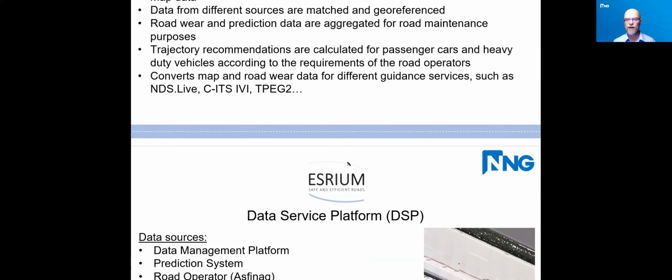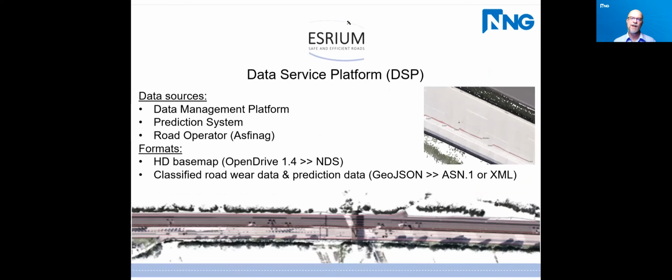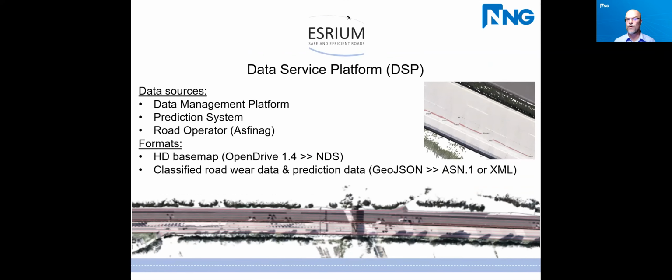Now, let's look a little bit inside this data service platform. The data source is, of course, the data management platform. They are the ones doing all this data aggregation, data verification and validation, and also integration of prediction data. So these data sources will, at the end of the day, be the source of information.